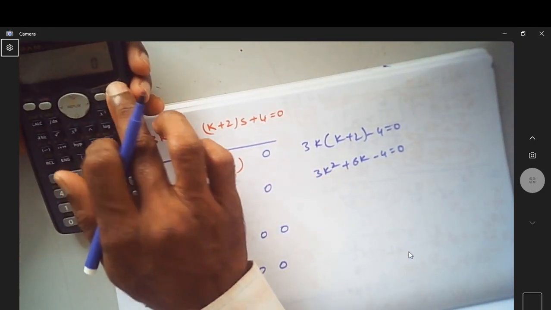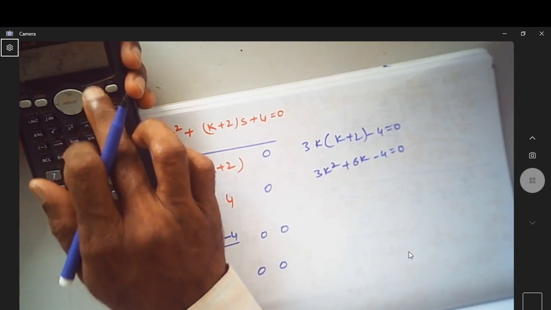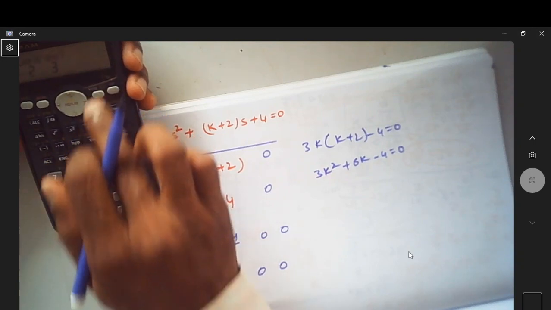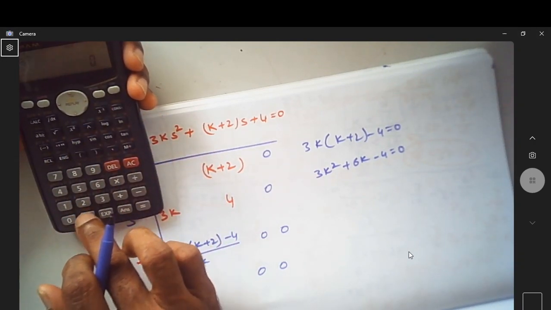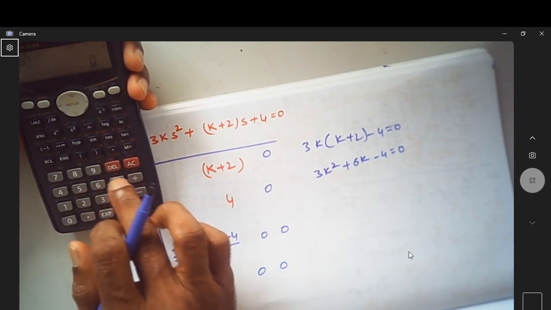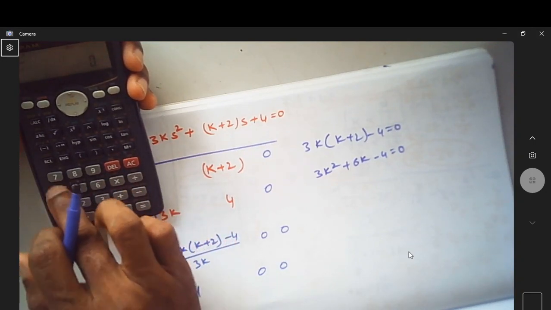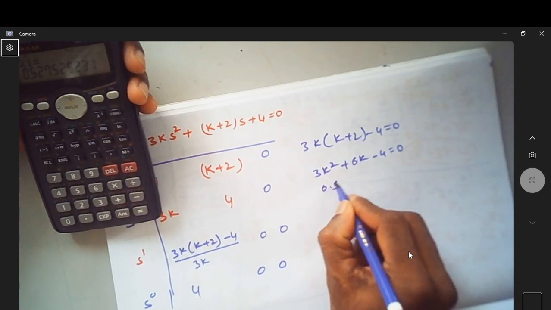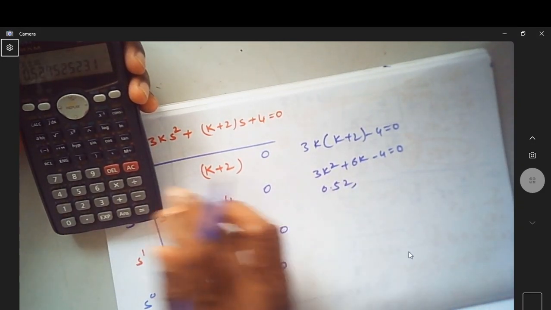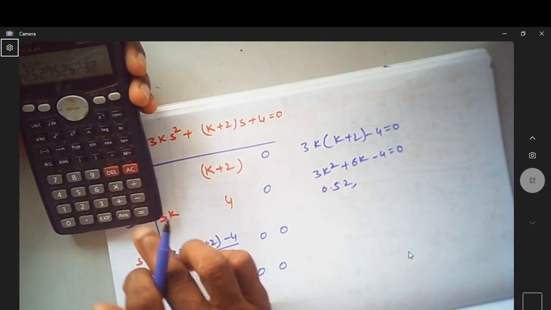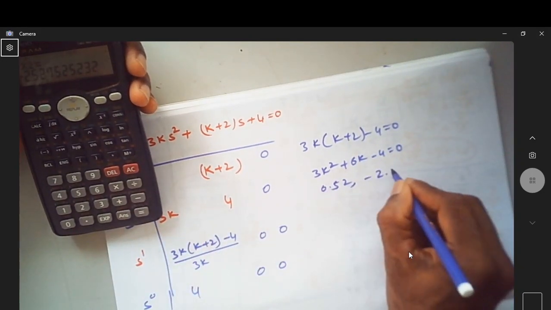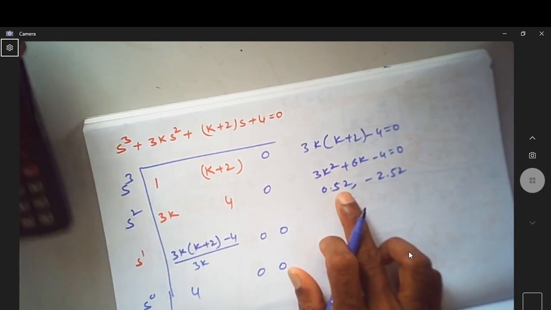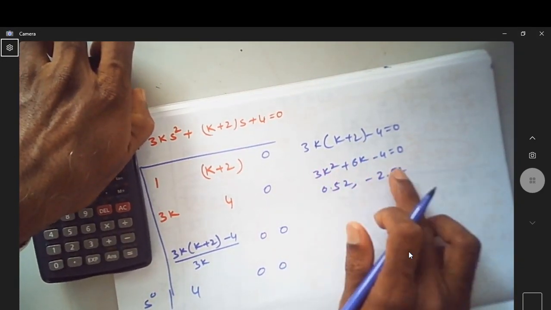Now the roots: it is a 2 degree equation, with coefficients 3, 6, minus 4. So 0.52 is one value. What is the other value? The other value is minus 2.52. So there are two values of k at which this will become 0.